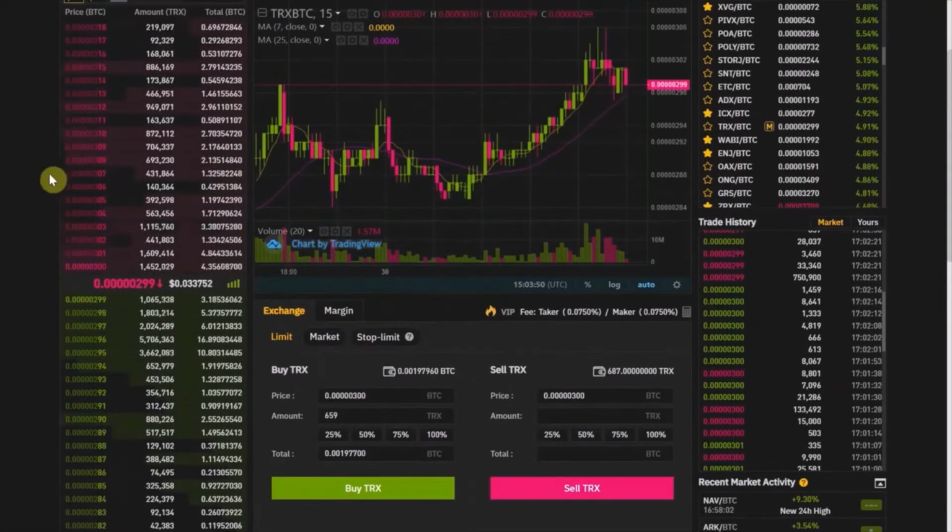Cool thing about this, with the order book, you see all these orders before, so 4 BTC worth of TRX. So if you place an order to buy here at 292, you will have to wait for all these guys to have their orders cleared.